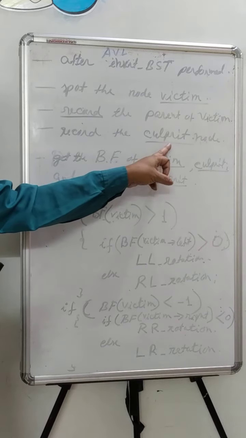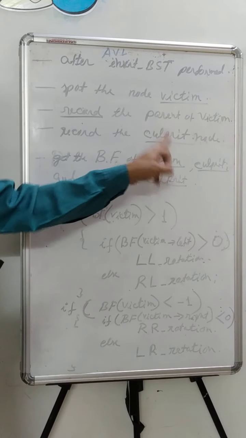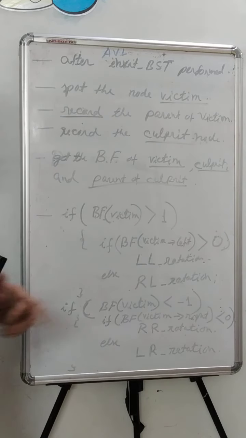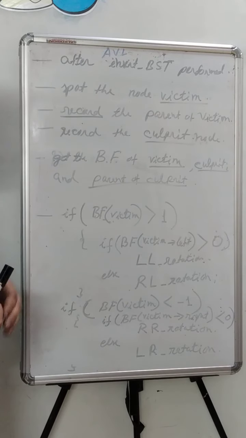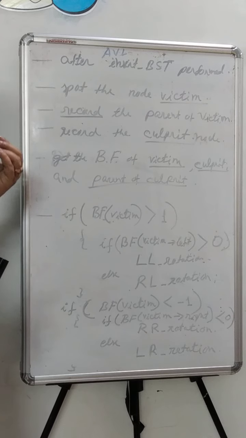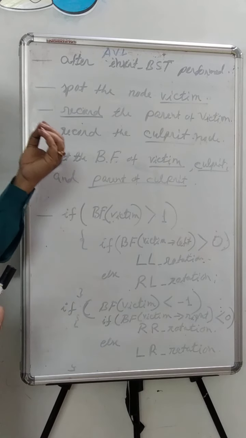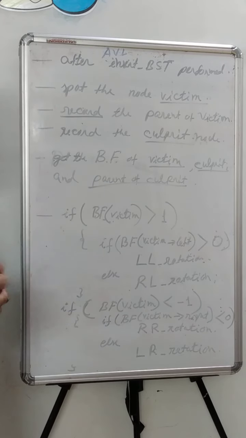The culprit is the newly inserted data for which the imbalance occurred, and the victim is the ancestor node that suffered, meaning its balance factor is not within the prescribed range of balance factors.